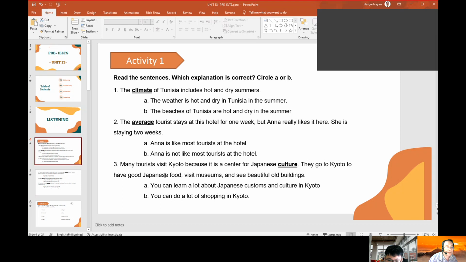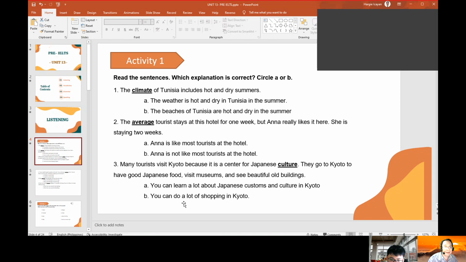Many tourists visit Kyoto because it's a center of Japanese culture. They go to Kyoto to have good Japanese food, visit museums, and see beautiful old buildings. Okay, Kyoto, Japan. Next. So what do you think would be the underlined word, culture?